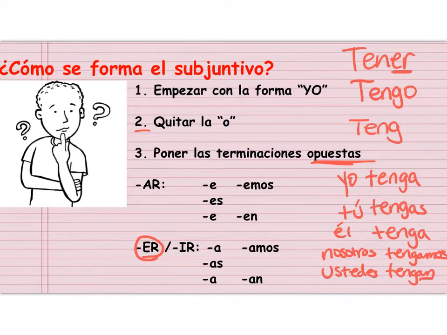These endings that I've got in here are A endings because tener is an ER verb. And the way we got our G here is because the present indicative tense of the verb tener is tengo, and step 1 is to begin with the yo form of the present indicative tense.